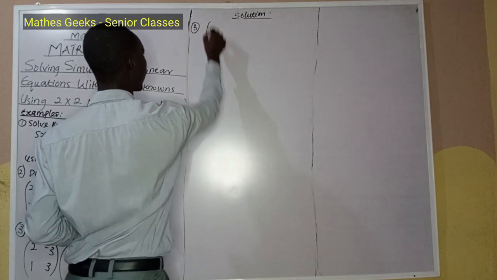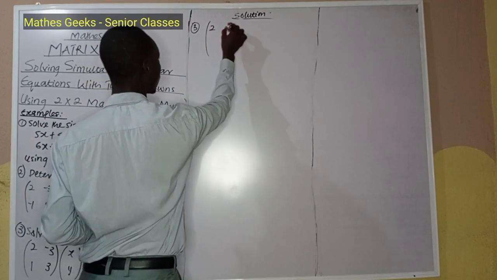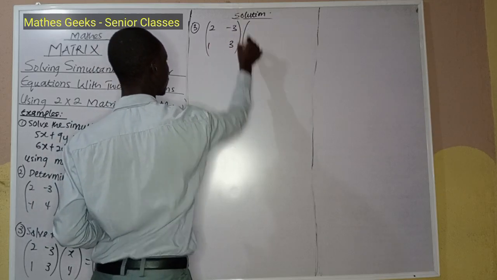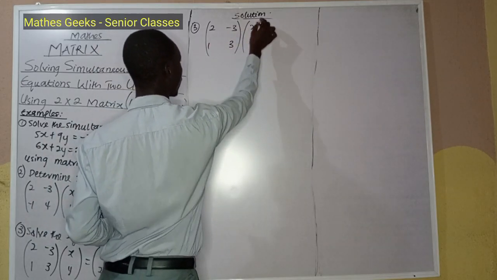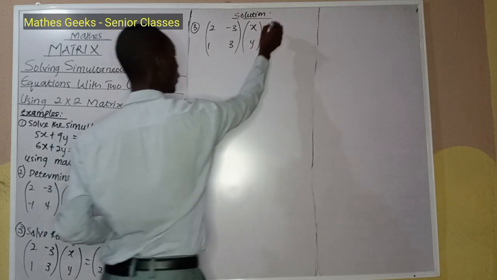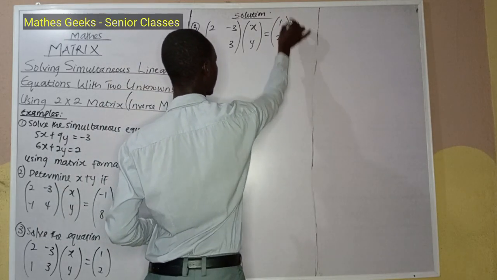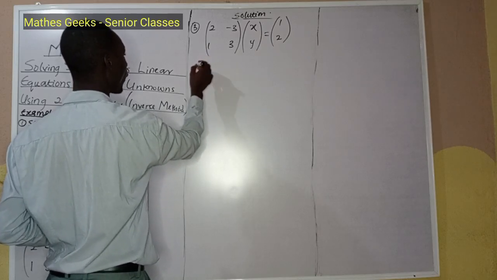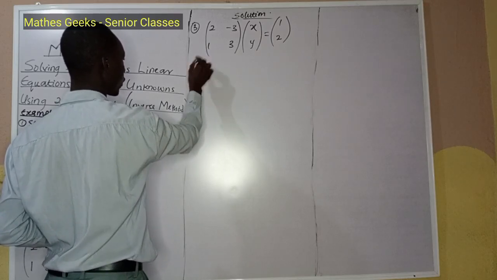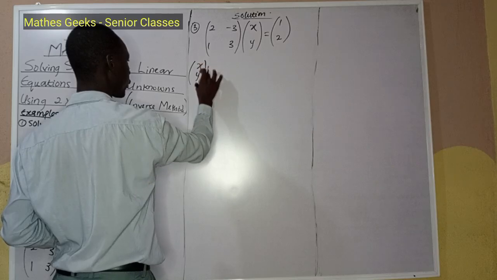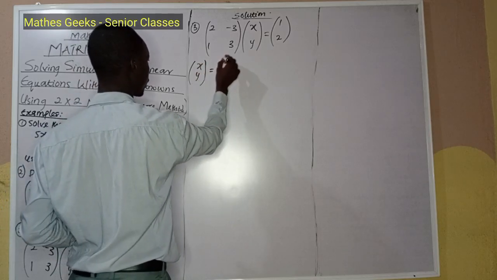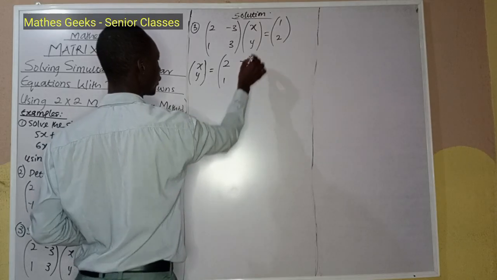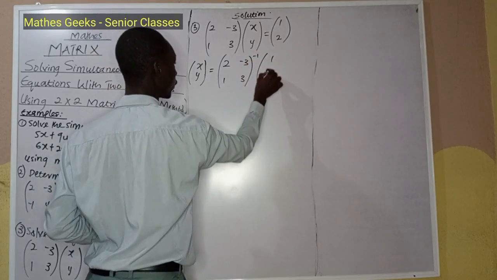Next, 3, 2, minus 3, 1, 3, times x, y, equals 1, 2. So x, y equals the inverse of 2, 1, minus 3, 3, times 1, 2.